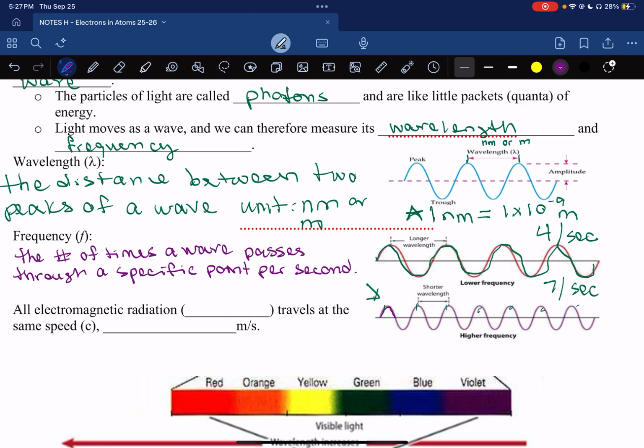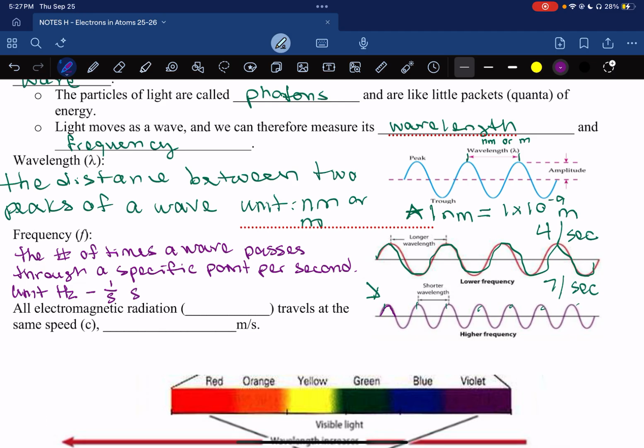The unit for frequency is hertz. This unit is derived from 1 over s, which is per second, and of course, another way of writing that is like this. We'll look back on that.